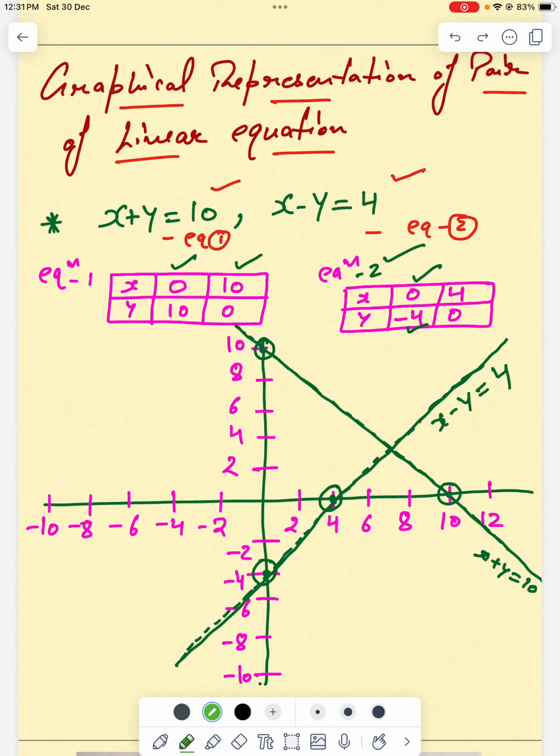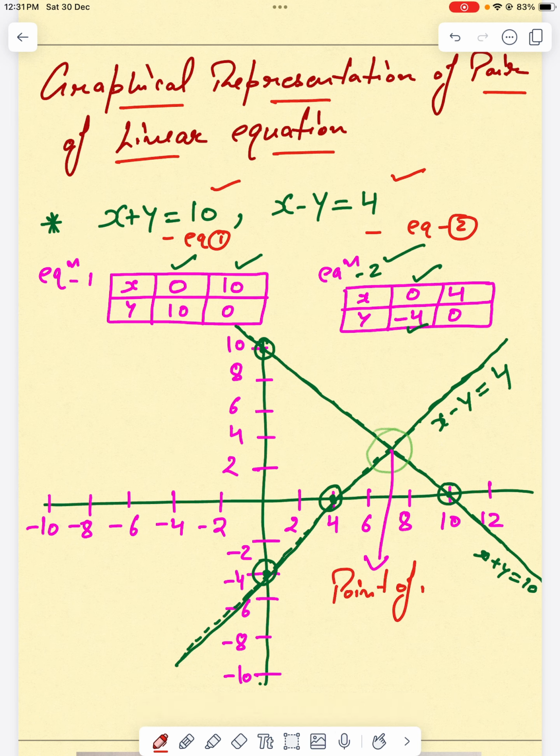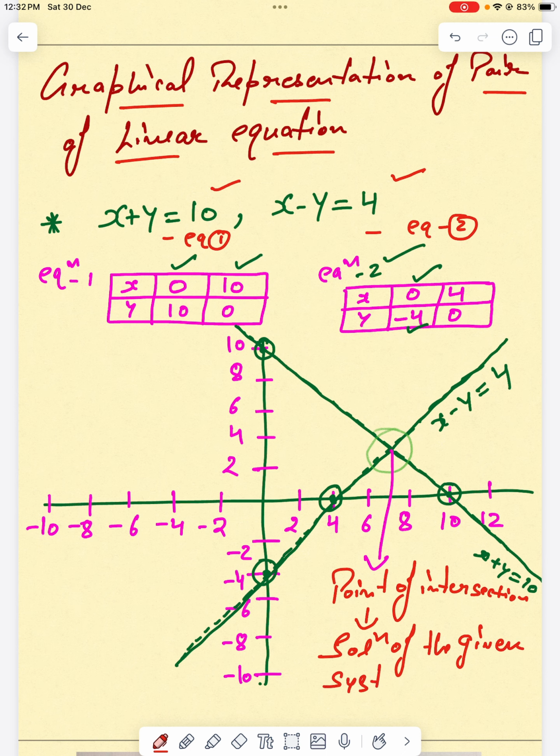We can say that at this point, this is our point of intersection, and the point of intersection is also a solution of the given system of equation.